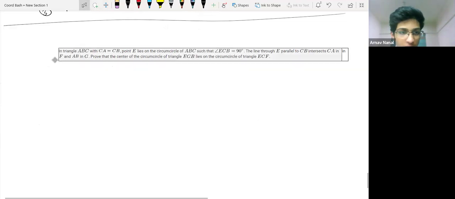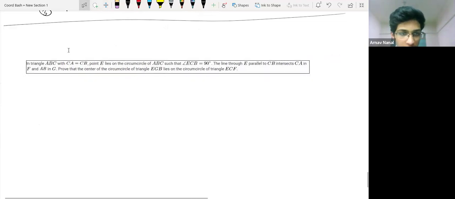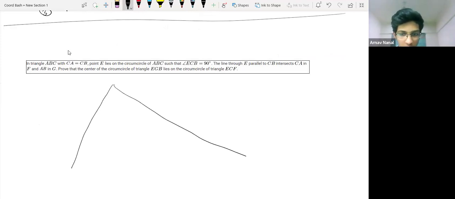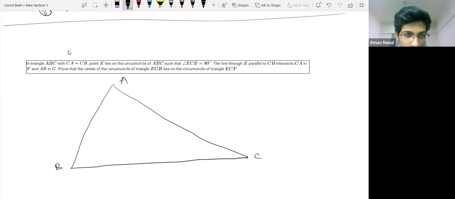How do you move this? I'll draw the figure. Okay, so there was really no need to chord bash this. This is quite easy synthetically also, but I was too dumb at that time, so I chord bashed it.